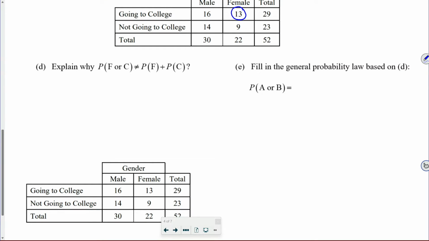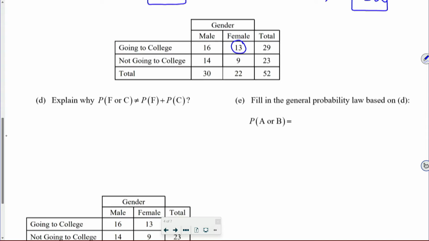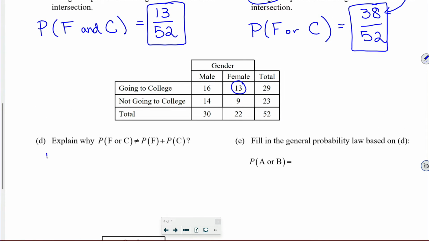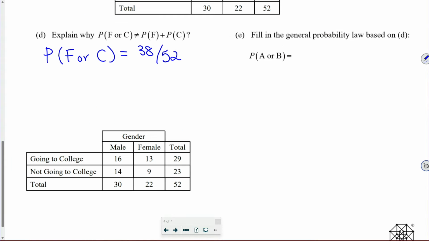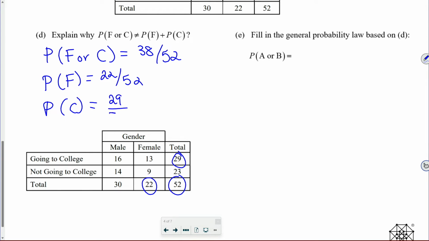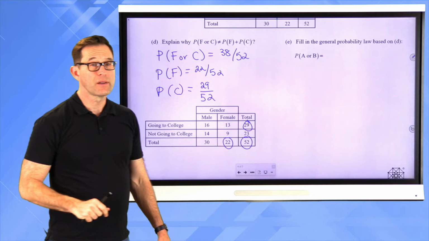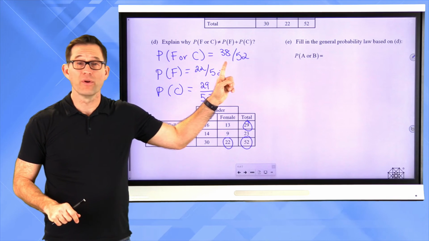Okay, so let's take a look at letter D. Explain why the probability of female or college, the one that we just got, is not equal to the probability of female plus the probability of college. Well, again, notice what we just got, right? Probability of female or college was 38/52, but the probability of female would be 22 out of 52. And the probability of college would be 29 out of 52. Clearly, if I added this plus this, I wouldn't get that, right?